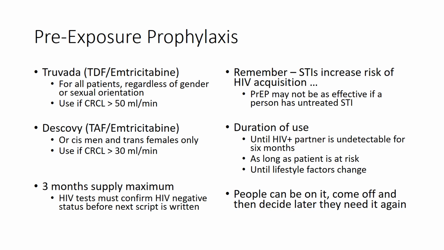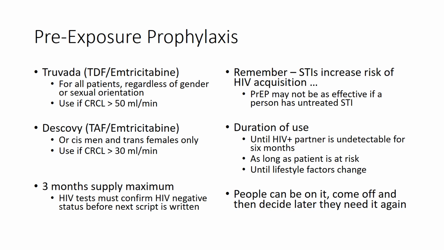Especially concerning is for those females who are concerned about the levels in their cervical cells. We don't have enough good data to suggest that Descovy could be used, and those studies are ongoing, but at least currently, you can't use Descovy in a cis female.